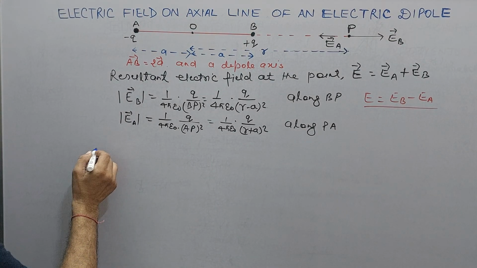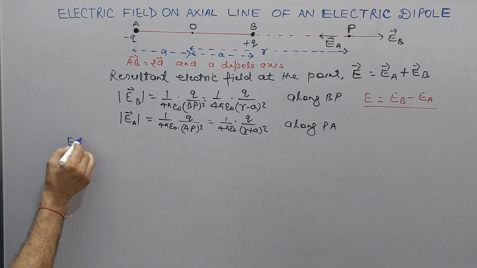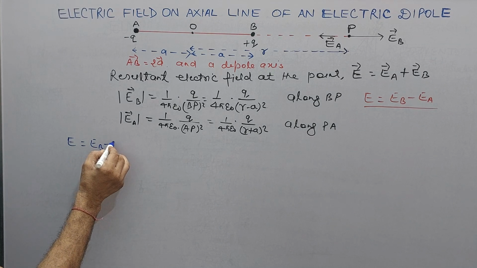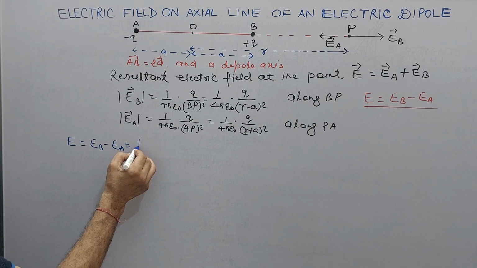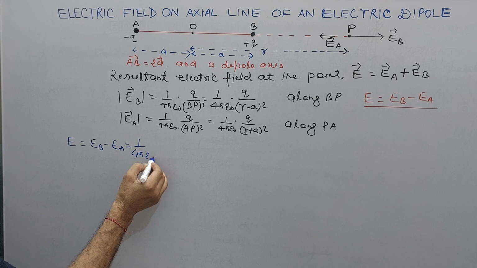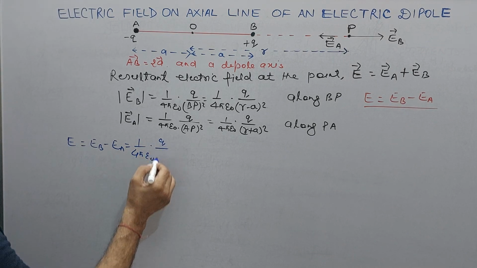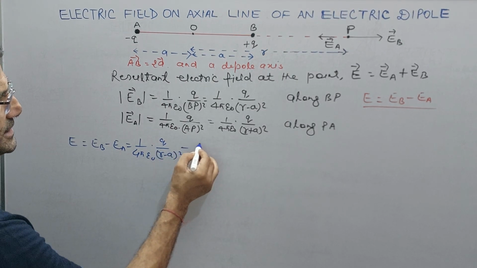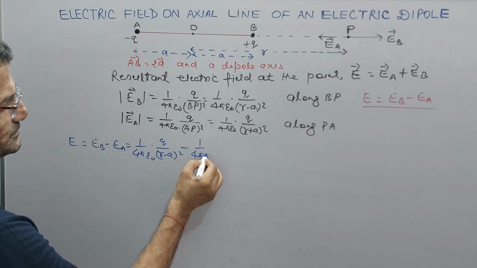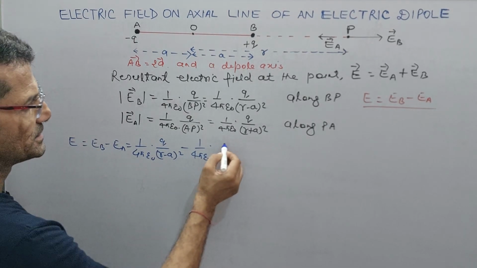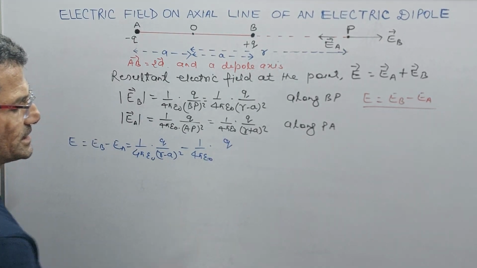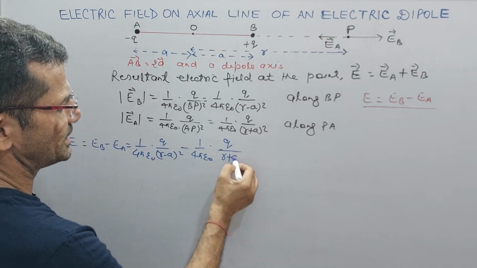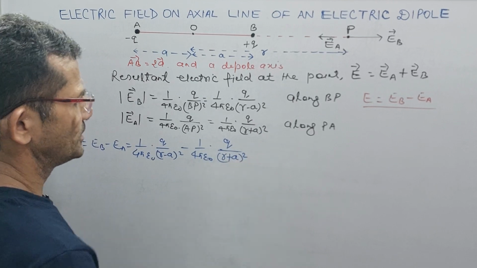Now putting the values here, the resultant field will be EB minus EA. Placing all these values, 1 upon 4 pi epsilon naught, and Q is the charge, divided by R minus A whole square, minus 1 upon 4 pi epsilon naught, where epsilon naught is the electrical permittivity, divided by R plus A whole square.